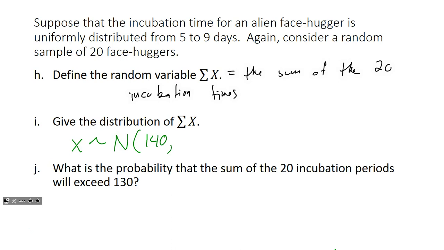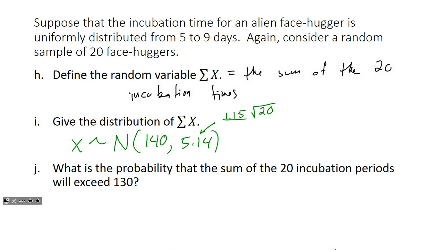And then for the standard deviation, you take your original standard deviation, which was 1.15, and what you do is you take that and you multiply it times the square root of n. So 1.15 times the square root of 20. What I got for that, to two decimal places, was 5.14.